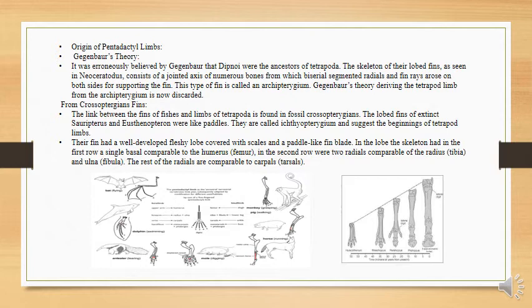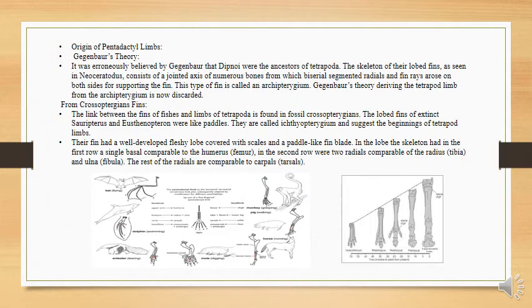From crossopterygian fins, the link between the fins of fishes and limbs of tetrapoda is found in fossil crossopterygians. The lobe fin of extinct Sauripterus and Eusthenopteron were like paddles. They are called ichthyopterygium and suggest the beginning of tetrapod limbs.